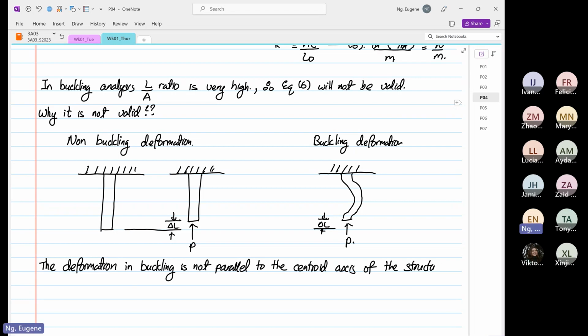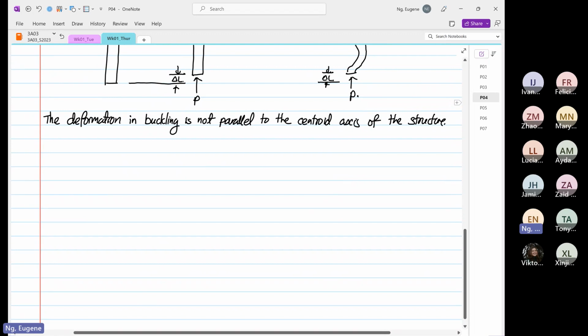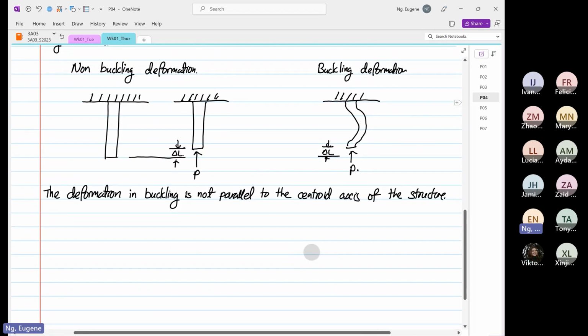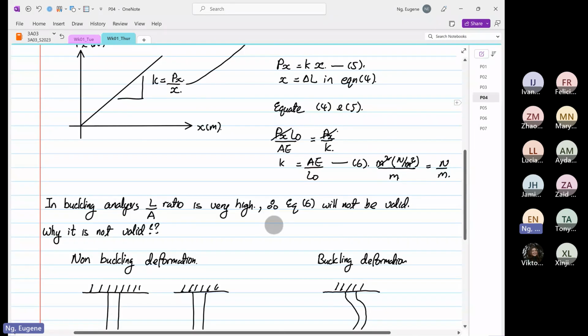It's not the same. So we have to come up with a different type of analysis. We cannot rely on these formulas.